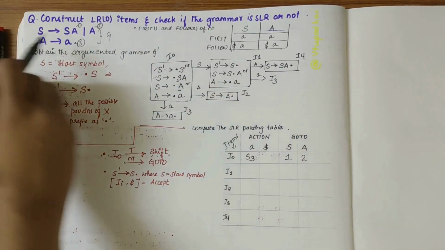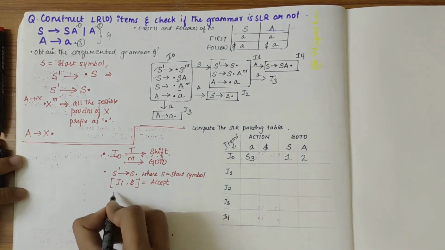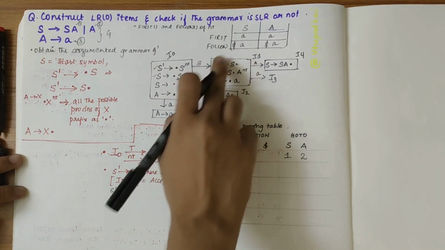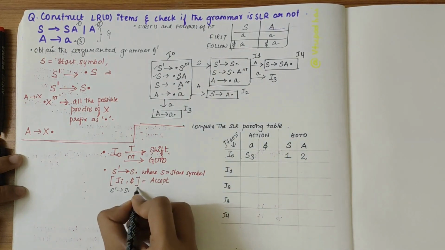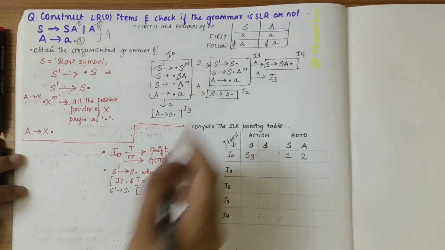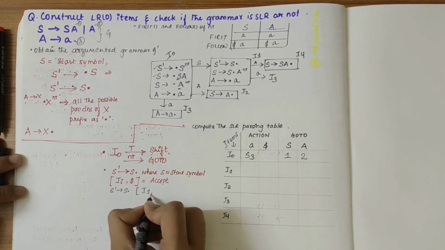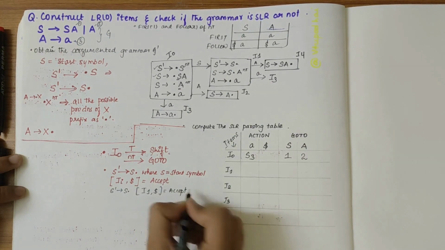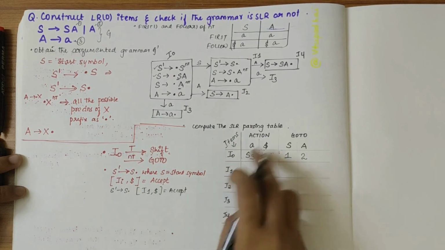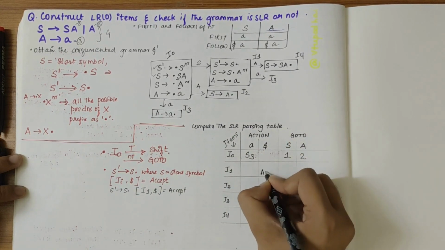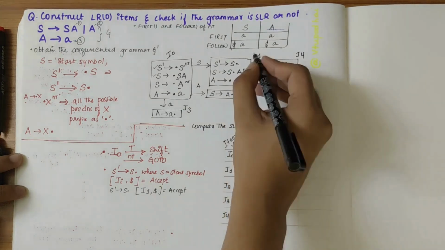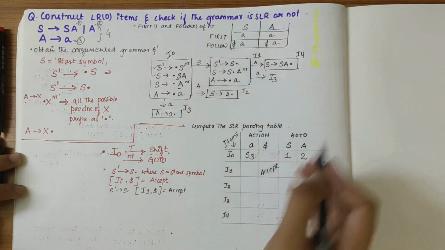That is, here I have S' derives S dot, S being the start symbol. Here I of 1, comma dollar, I should fill accept.